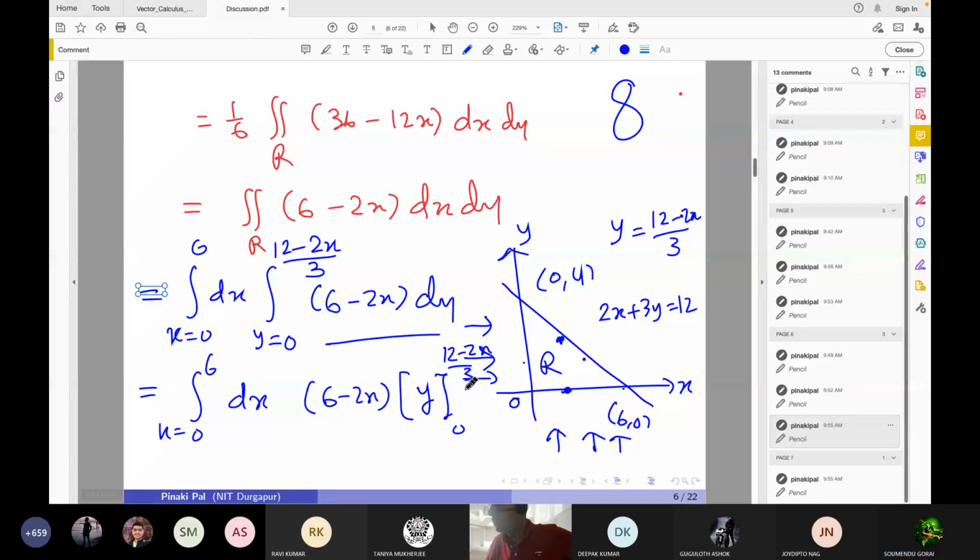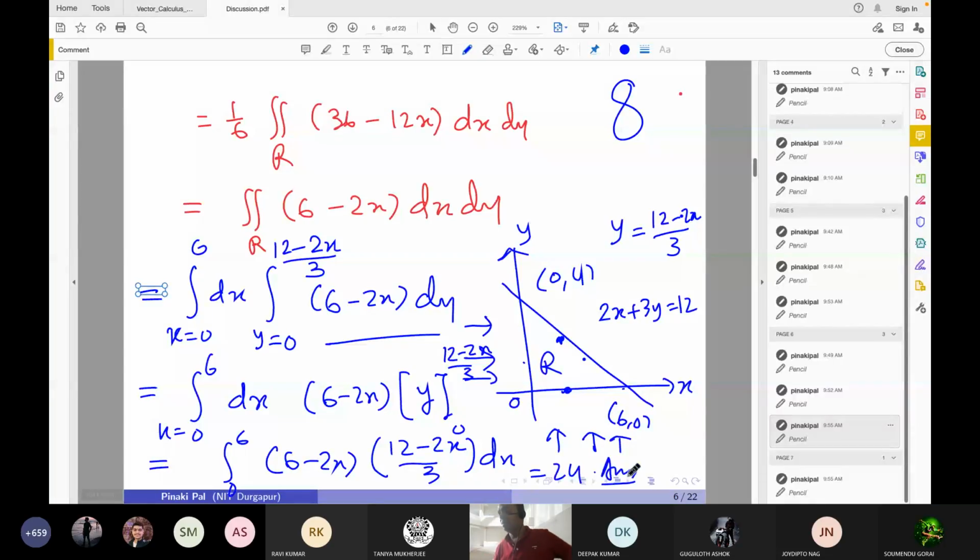So basically 12 minus 2x by 3 will come and 0 will not contribute. So 0 to 6, you have 6 minus 2x into 12 minus 2x by 3 dx, and 24 is the answer. You can now evaluate it.